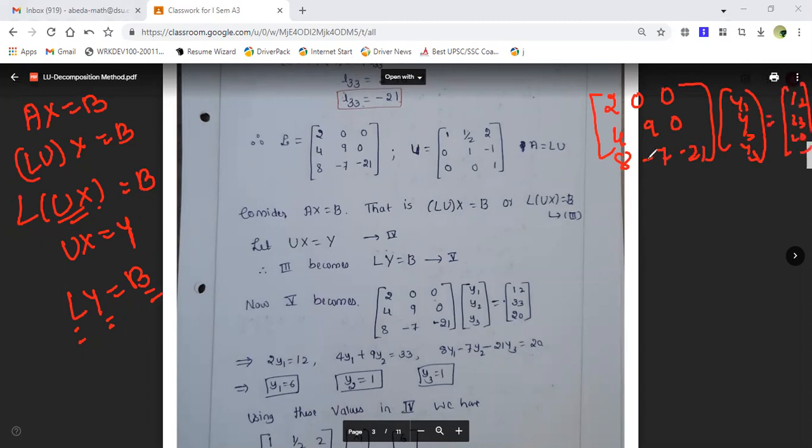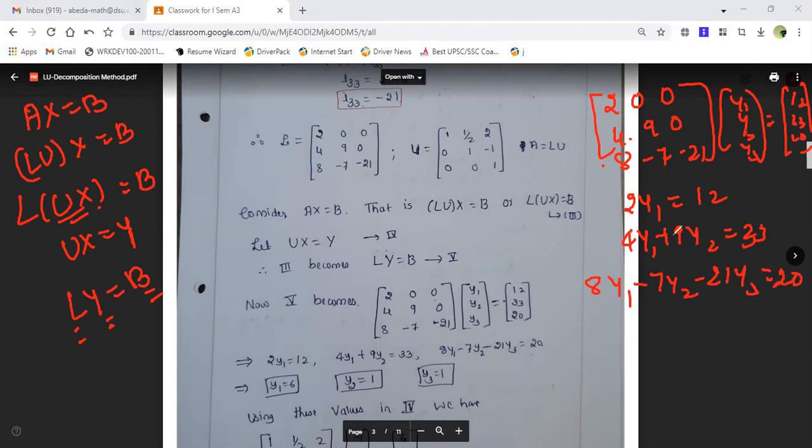Now simple, you can just see that this is a lower triangular matrix. From this, 2y1 is equal to 12. From here it is 4y1 plus 9y2 which is equal to 33, and similarly from this it is 8y1 minus 7y2 minus 21y3 is equal to 20.